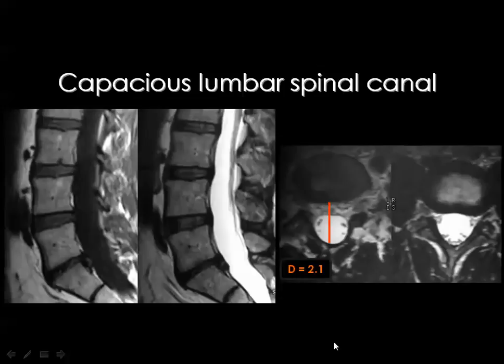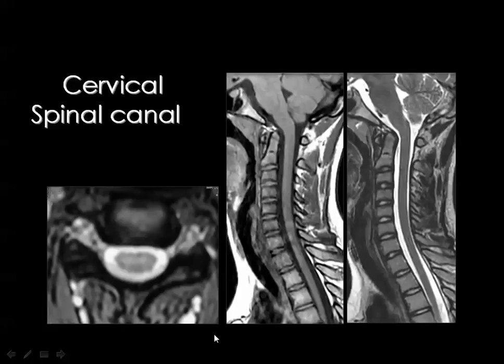Then the capacious lumbar spinal canal is a canal with a diameter of about 2 centimeters or above. Many clinicians consider that a capacious canal causes some sort of low back pain because of the ectasia of the thecal sac, which is not adequately supported by bone posteriorly.